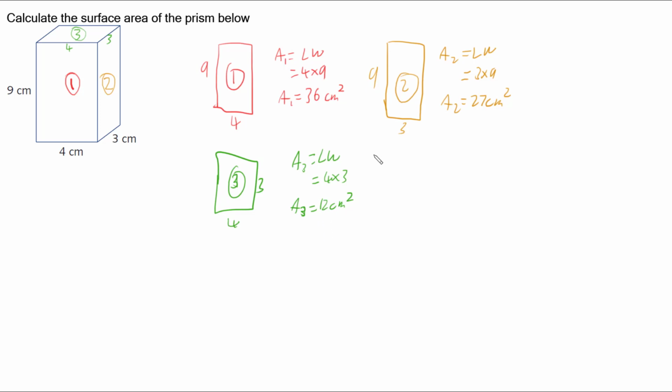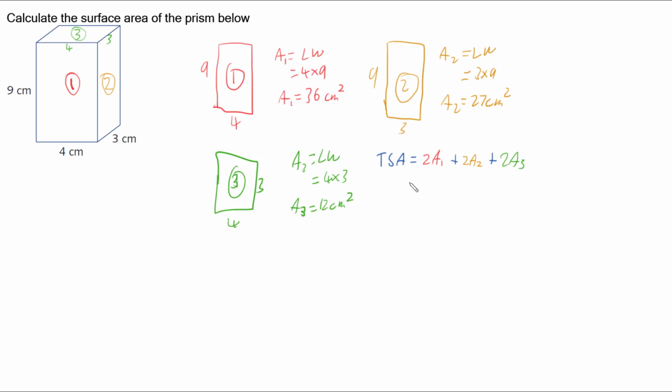And then to work out the total surface area, which is sometimes SA or sometimes TSA, so SA for surface area, TSA for total surface area, we have to do, well, there's 2 of each of these rectangles. So you have to do 2 lots of area 1, and then add on 2 lots of area 2, and then add on 2 lots of area 3.